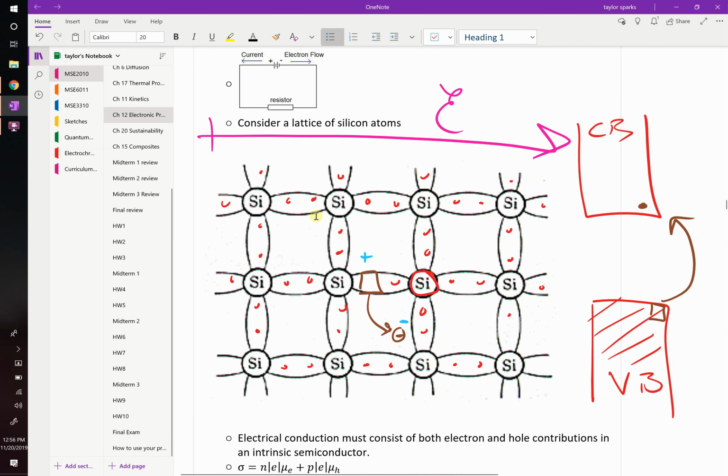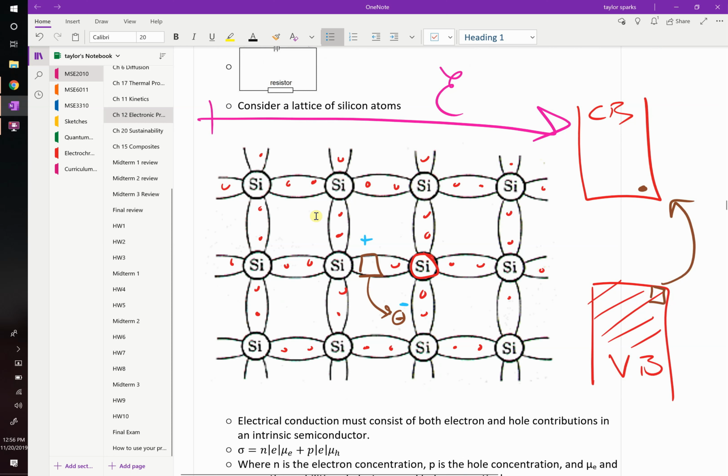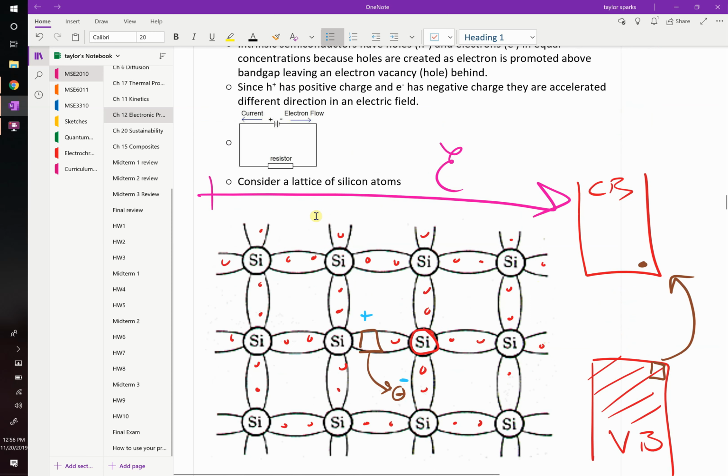Last time we said, okay, an intrinsic semiconductor is one that for the pure material is still a semiconductor, meaning it has a band gap, and it takes some amount of energy to strip away one of these electrons from their bond, right? This thing's tied up in covalent bonding, but if I give it enough energy, it might leave that bond and now become delocalized, as if it was a metal.